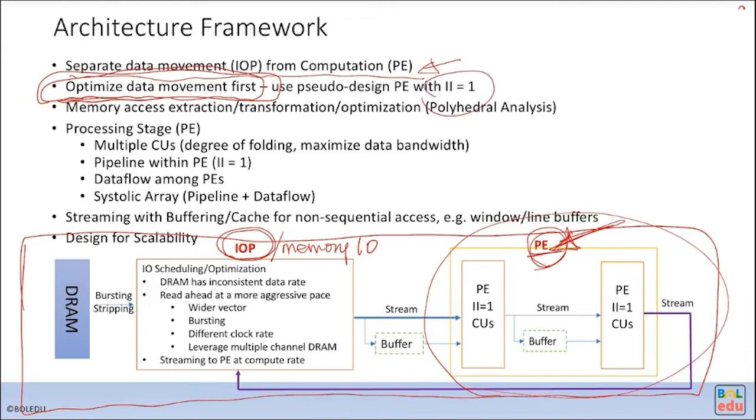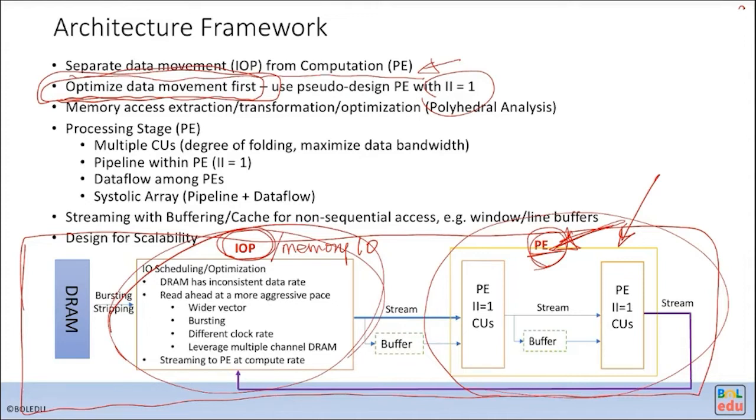Those codes are not real, simply to make sure the data is moved the way you want, so the computation is not a bottleneck. Then you focus on moving the data, doing the right scheduling, and applying all kinds of techniques to improve the memory bandwidth.